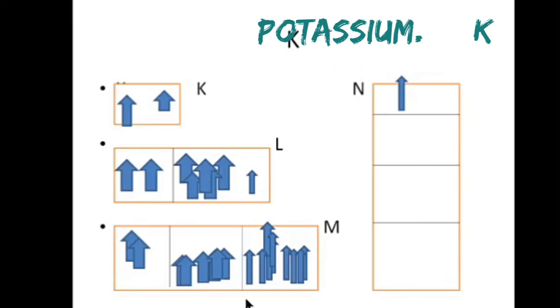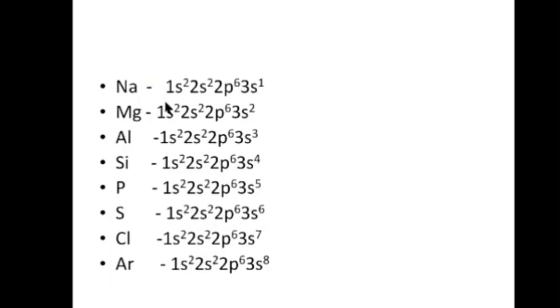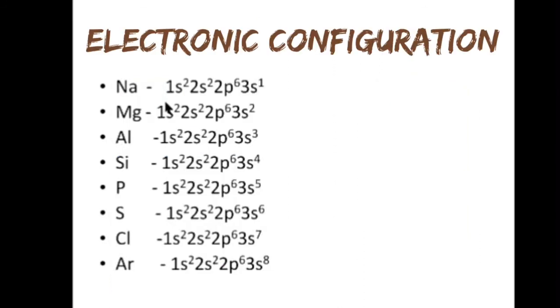Okay. But this may not be so because there is another principle called Aufbau principle. You will be studying about this Aufbau principle in your higher classes. So this is how electrons arrange themselves. Potassium 1s2, 2s2, 2p6, 3s1. Magnesium 12 electrons 1s2, 2s2, 2p6, 3s2.